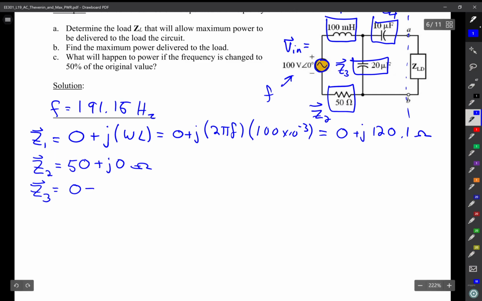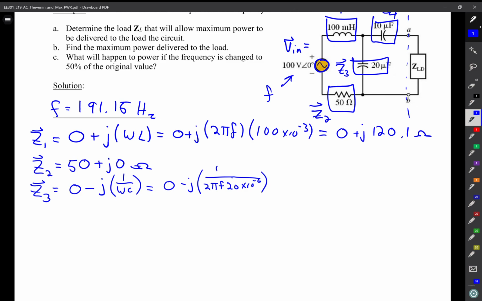And I'm going to put a minus there because it's a capacitor, J times 1 over omega C, which is equal to 0 minus J times 1 over 2 pi F times 20 times 10 to the minus 6. That's the value of that capacitance of 20 microfarads. And that equals 0 minus J 41.63 ohms.